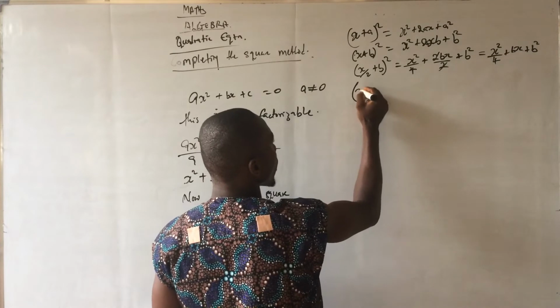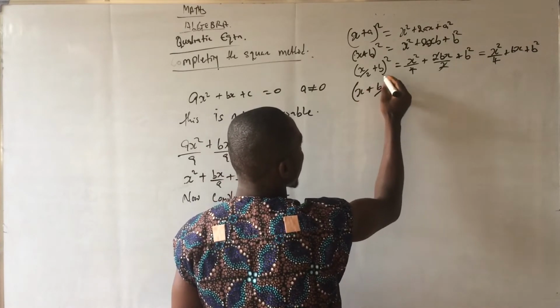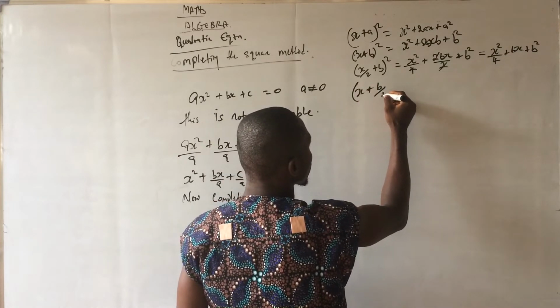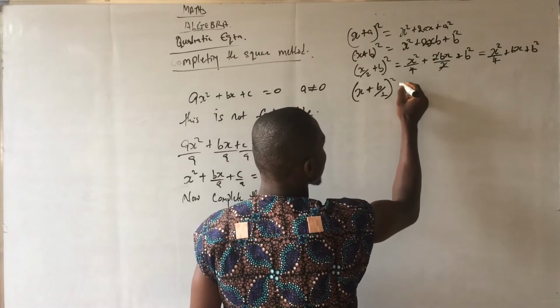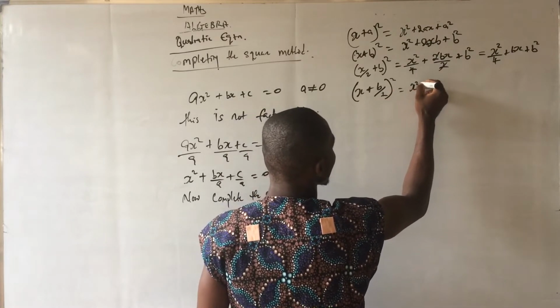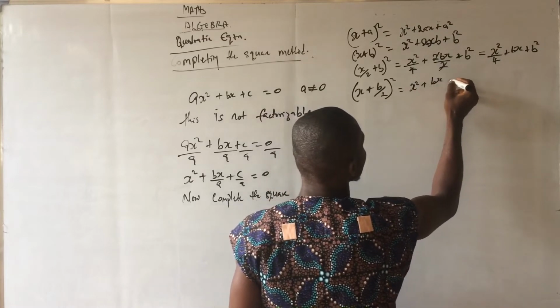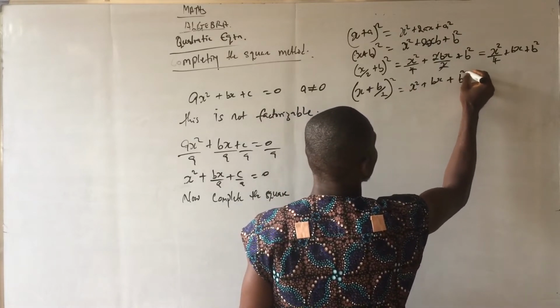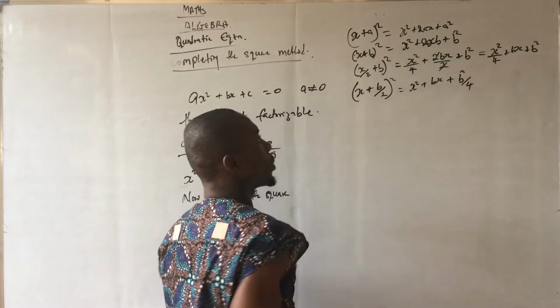So what if we have x plus b over 2 raised to the power 2? What do you have? You have x squared plus bx plus b squared over 4. Just the same thing with this.